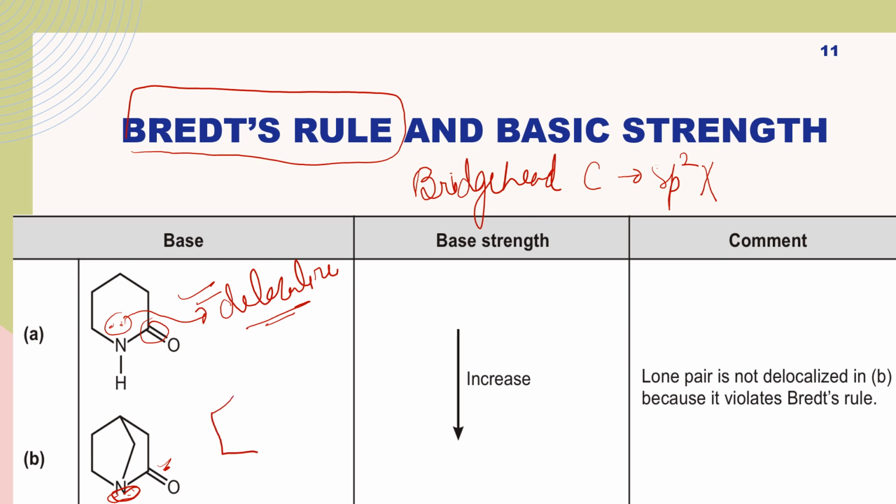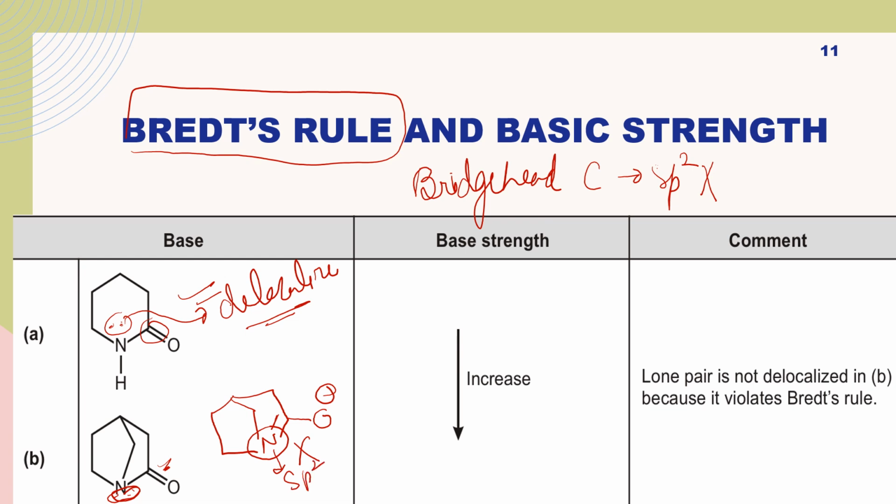Why? What is the reason behind that? The reason is that if we do so, then we are breaking Bredt's rule. We would have to make it like that, with O negative. So this compound is not possible, because in this case the bridgehead atom is sp2 hybridized, which is not possible due to steric strain.